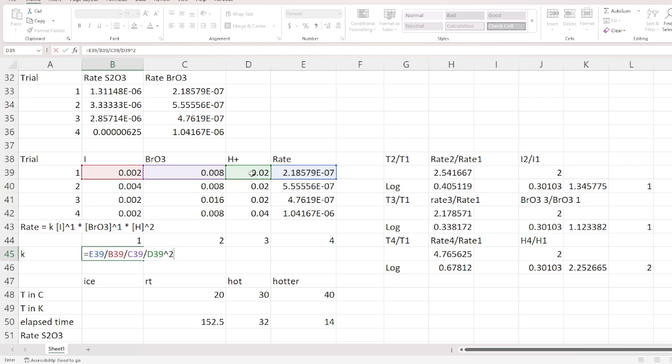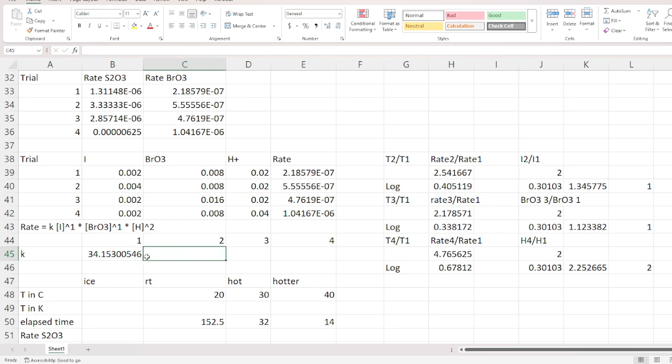Now, the easiest way to square that is to write the caret, which is the shift 6 key, and 2. You could just divide by my H plus concentration twice. That would also work, but that is the easiest way to do that.